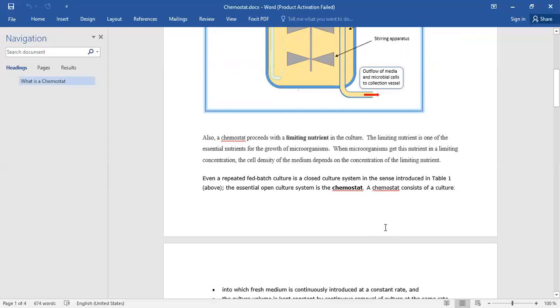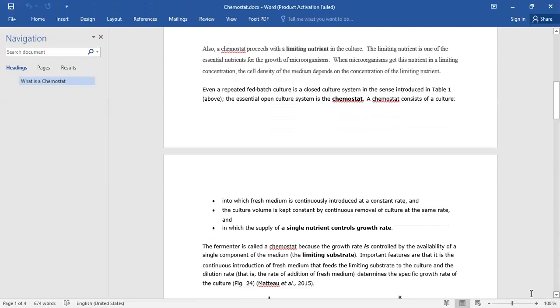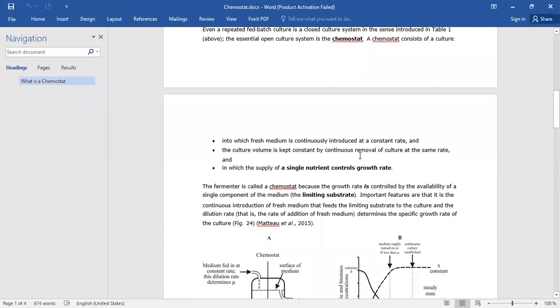The repeated fed batch culture is a closed culture system, and the essential open culture is the chemostat. A chemostat consists of a culture in which fresh media is continuously introduced at a constant rate, and the culture volume is kept constant by continuous removal of culture at the same time.